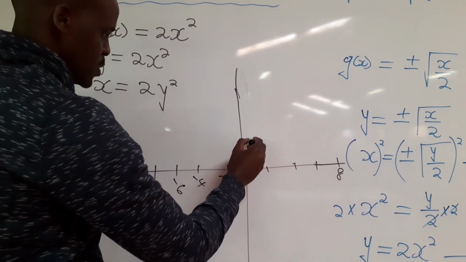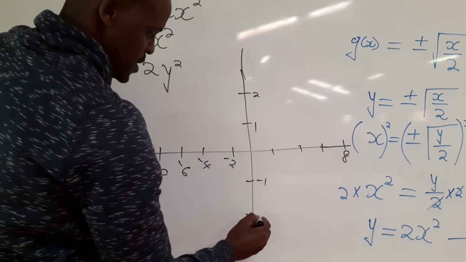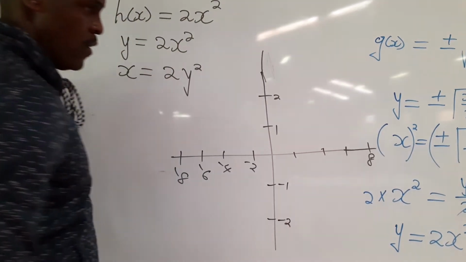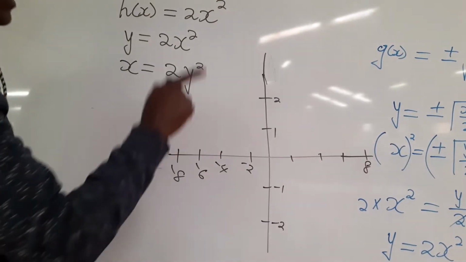Right, it's 1, 2, -1, -2. Obviously, we are just swapping the points. Those are the points that we are going to use for the positive one.